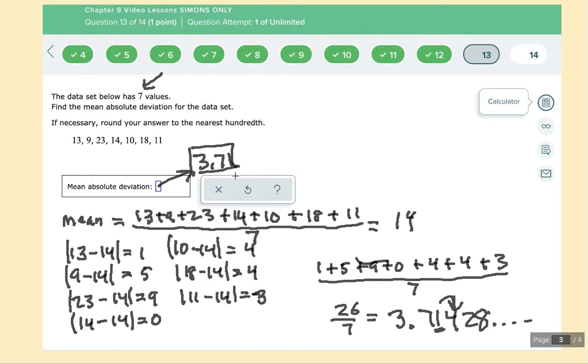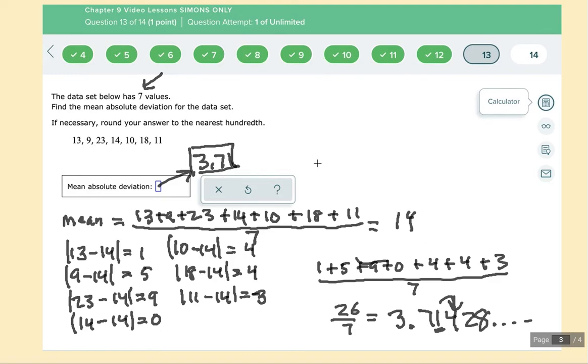I estimated between 5 and 6, I think, so I was kind of close, but not as close as I would have liked. So the average distance each number is away from the average is more than 3.5, less than 4.